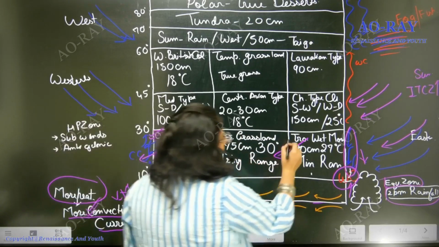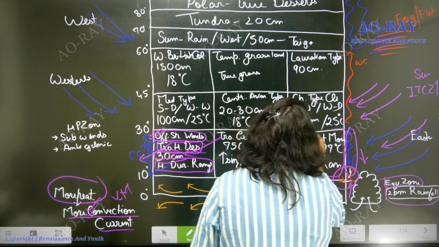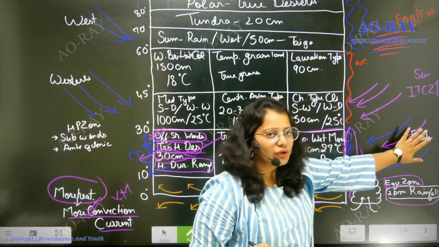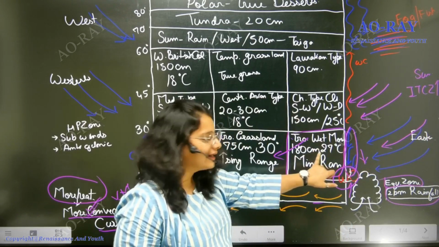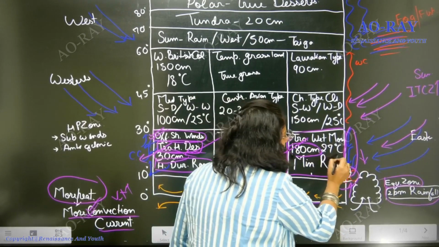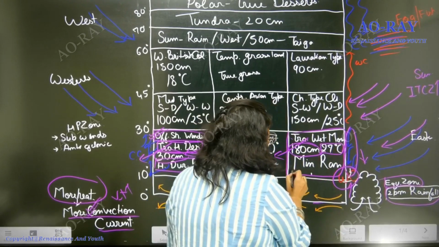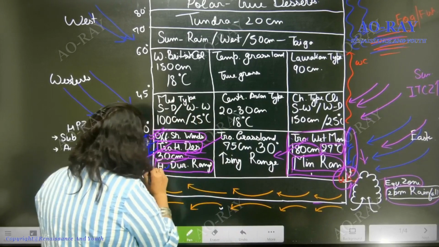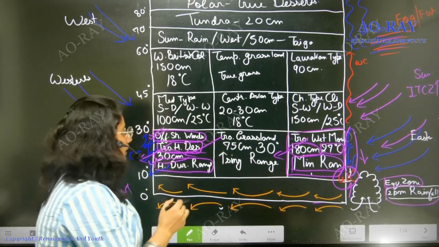Then moving on to this margin, the tropical wet monsoonal type, because the oceanic influence on easterlies will affect the land as well. 180 centimeters of rainfall, 27 degrees Celsius, and minimum daily temperature ranges compared to this.